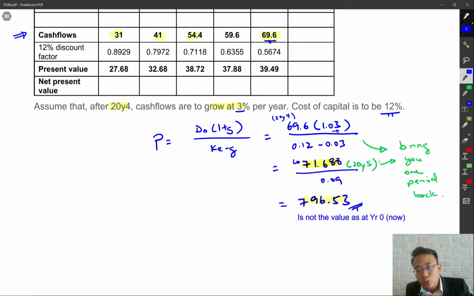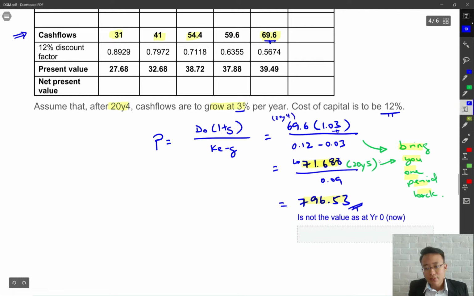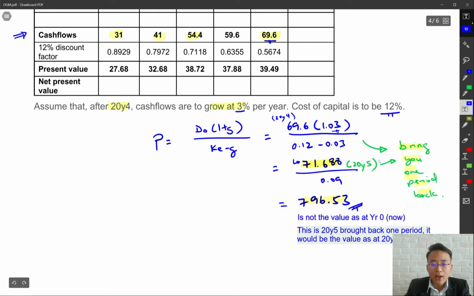So we're going to take the 20Y5 cash flow and bring it one period back, which means this, when brought back one period, is not year 0. This is 20Y5 brought back one period. It would be the value as at 20Y4.